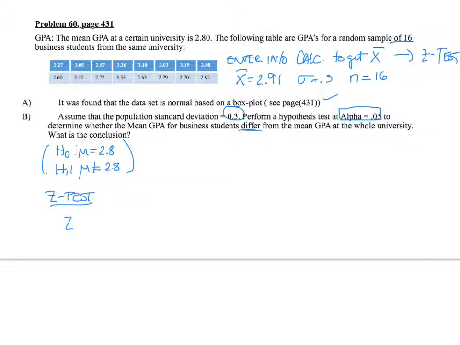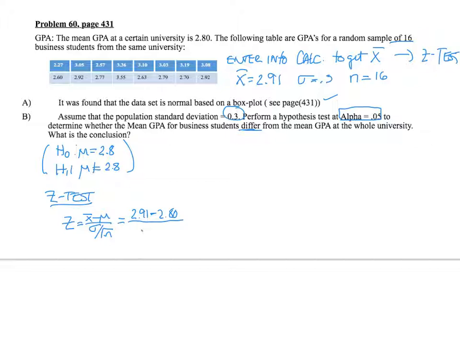So z is equal to x bar minus mu divided by sigma over the square root of n. In this case, x bar is 2.91. I subtract out the 2.8.